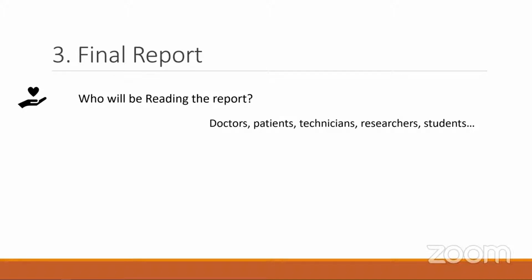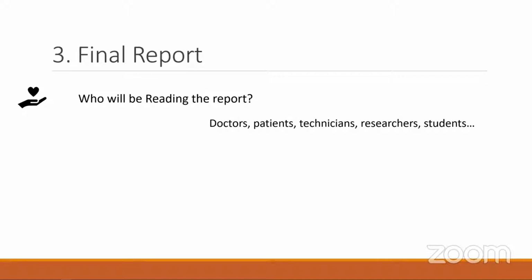So once we have all these results, we need to express them, right? We need to communicate those results. So first of all, one of the things that we need to take into account is who will be reading this report. So are we going to be giving the results to a doctor, to patients, to technicians, or to researchers?